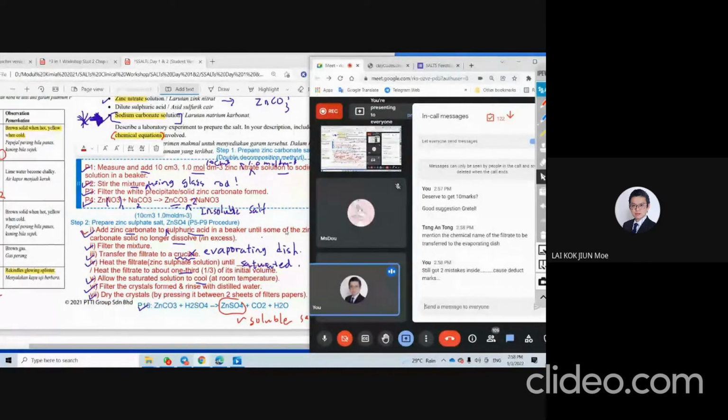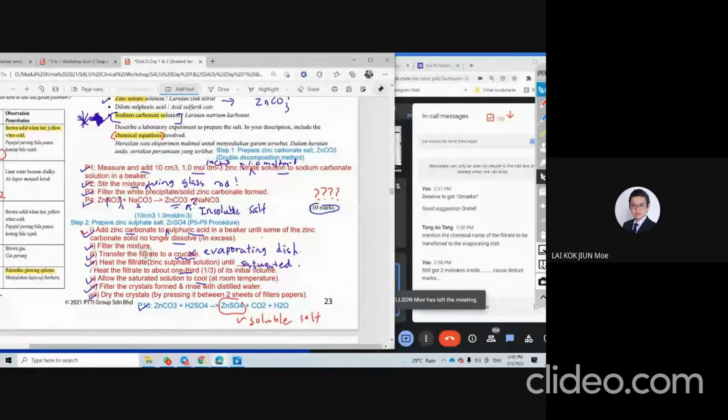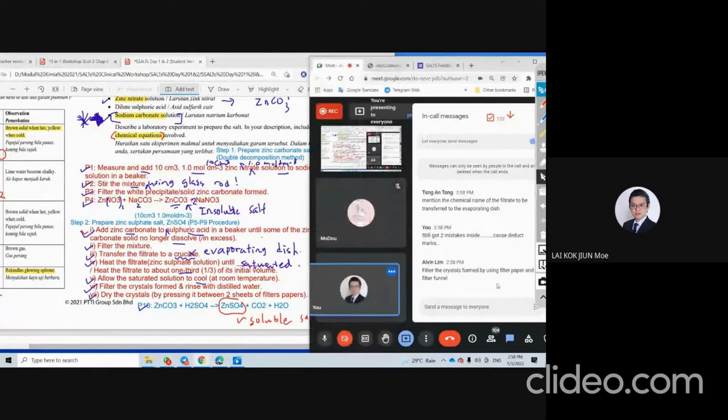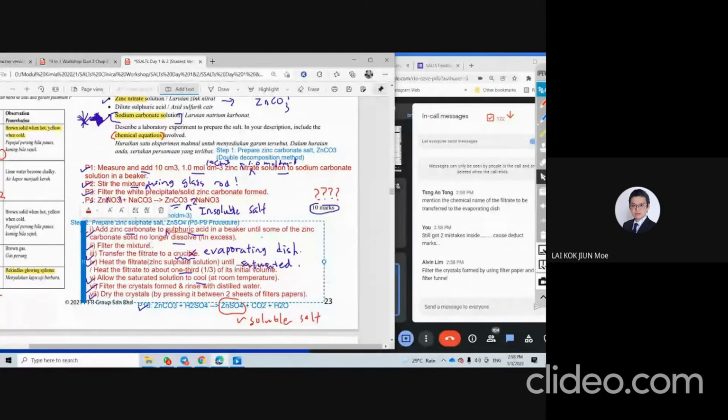Mention the chemical thing of the filtrate to transfer to the evaporating dish. Transfer the filtrate. Okay, this filtrate is already very good. This filtrate means from the thing you filter. This filter brings the meaning filter. No problem. Filter the mixture is okay. Good. You can give more detail. No problem.